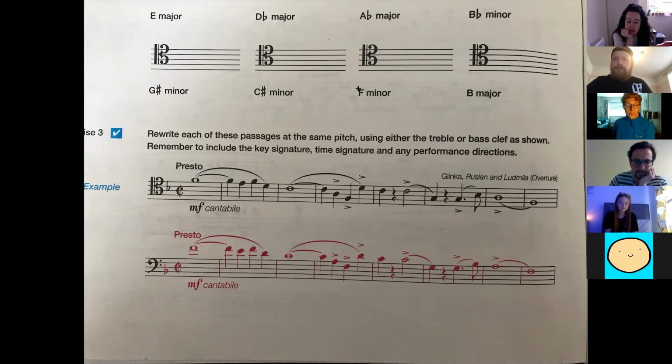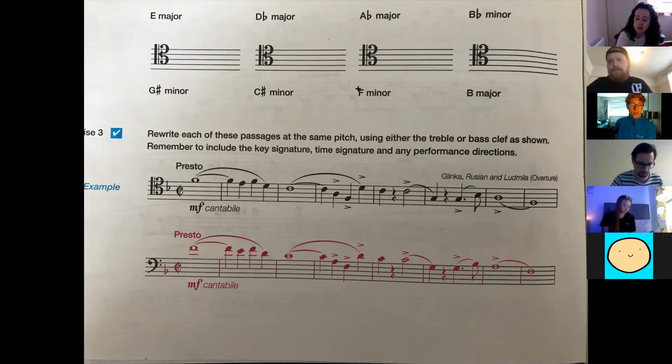So they've put in the B flat in the right place because we're in F. Same key signature, but obviously in a different place on the stave because it's a different clef. If you notice, what they've done is they've copied the performance directions. So presto, meaning fast, is in there at the top. Moderately loud, cantabile is in there. So any performance directions must be copied.